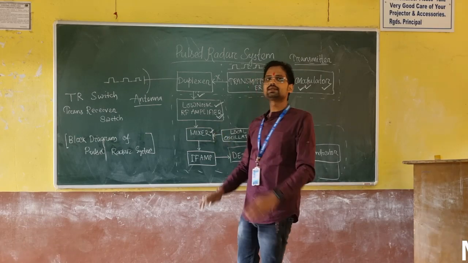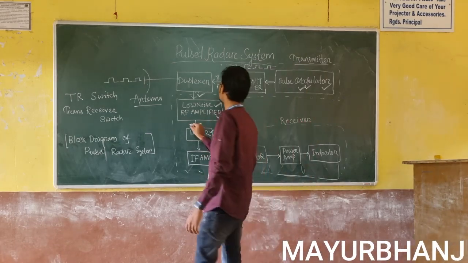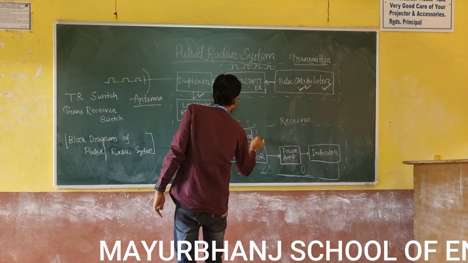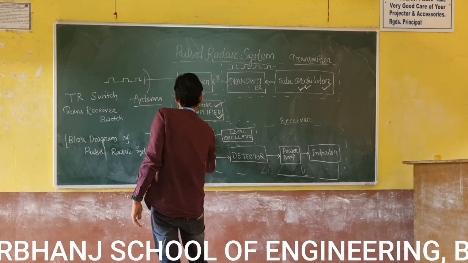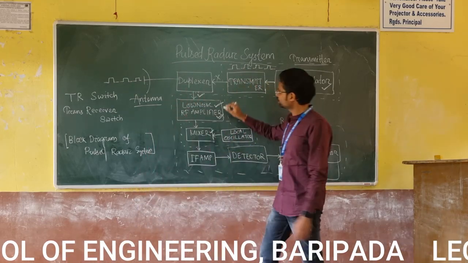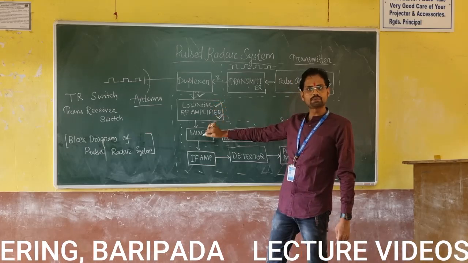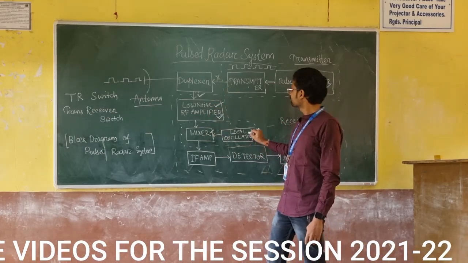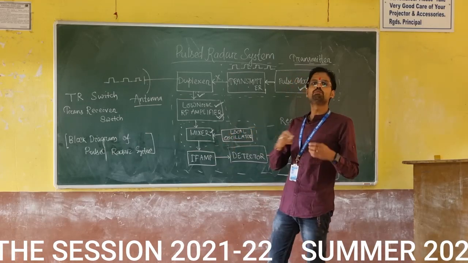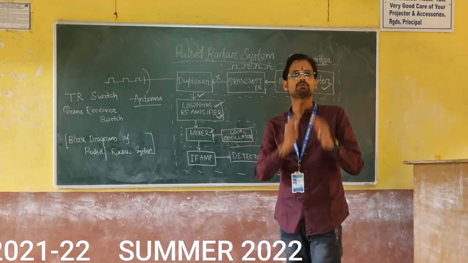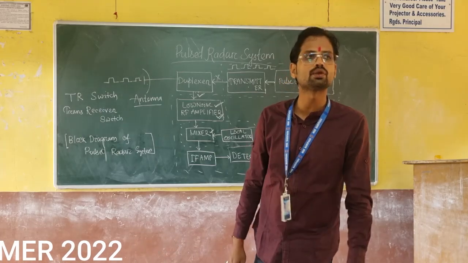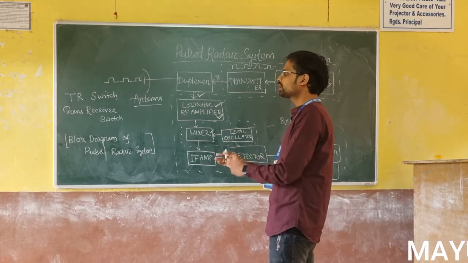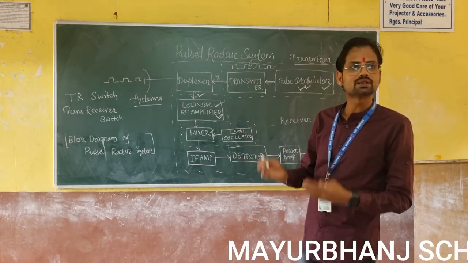Mixer stage is what? This is a heterodyne stage. That means it combines two signals. One is the output of the RF amplifier, which is the received signal from the antenna, and a local oscillator signal, mixed up to form an intermediate frequency signal or reconstruction of the received signal.